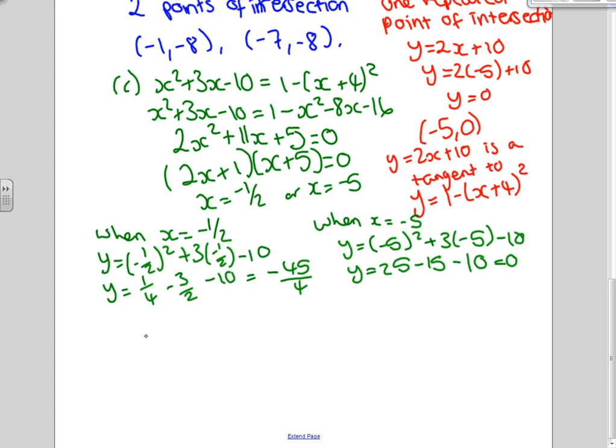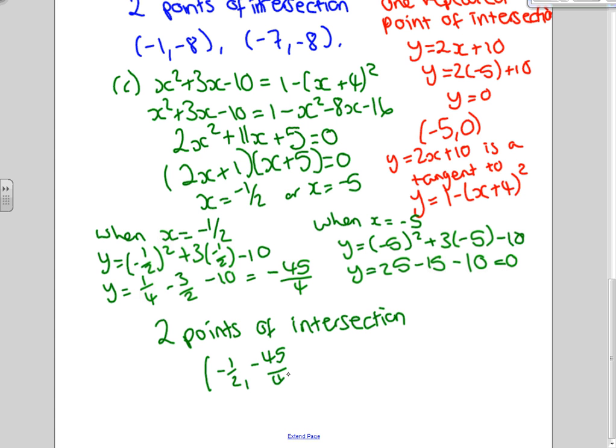So for part C, we end up with 2 points of intersection, which are at minus a half, minus 45 over 4, and minus 5, 0.